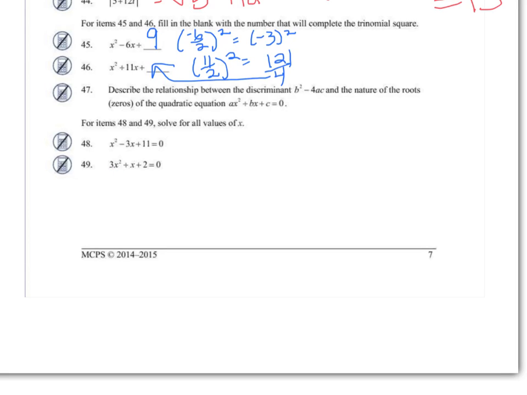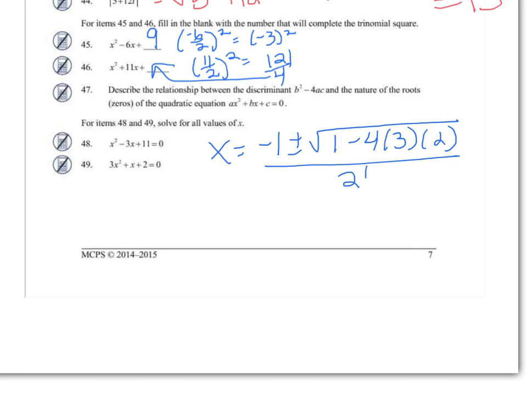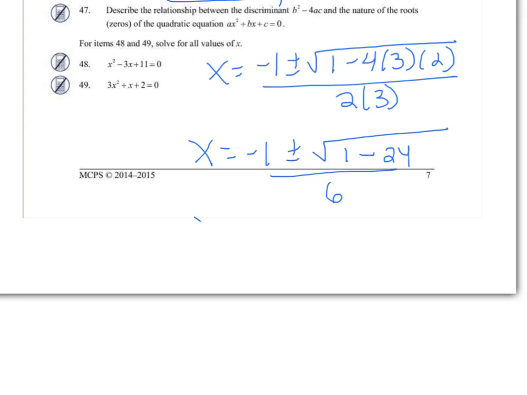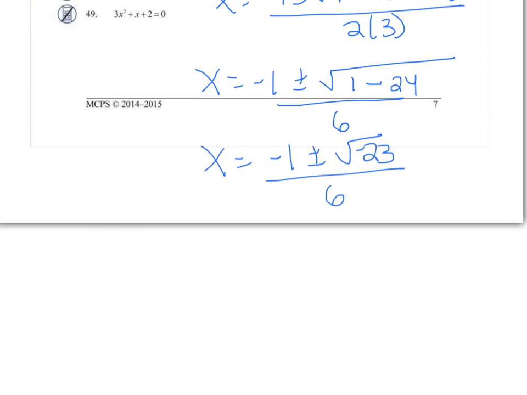So let's do the quadratic formula again. x equals negative b plus or minus the square root of b squared minus 4ac all over 2a. So when I simplify this, I know the discriminant's negative. So I'm going to have imaginary answers. We don't leave the negative underneath the radical. We're going to rewrite that as negative 1 plus or minus i root 23 all divided by 6.